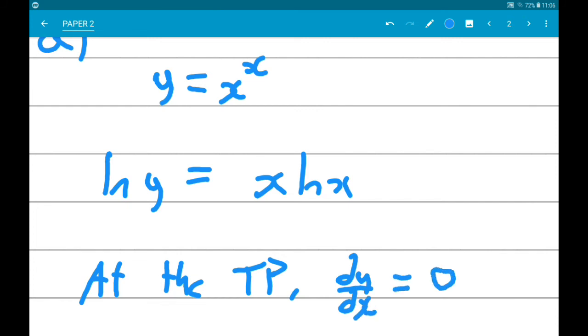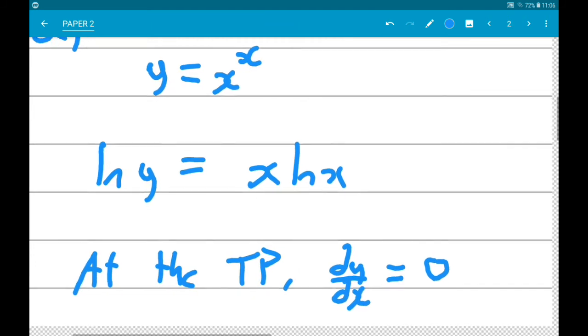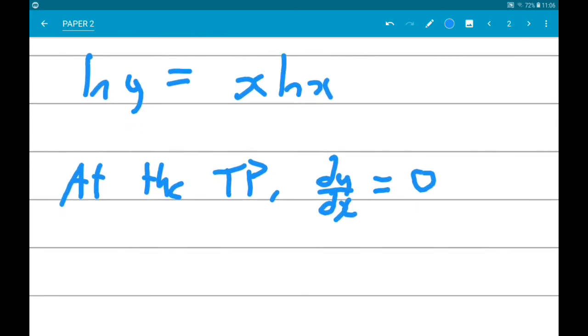Alright, so we need to use implicit differentiation on the left and the product rule on the right. So, on the left, think of y as a function of x. So if we differentiate the inside, we get dy by dx. And then if we differentiate the log, we get 1 over y.